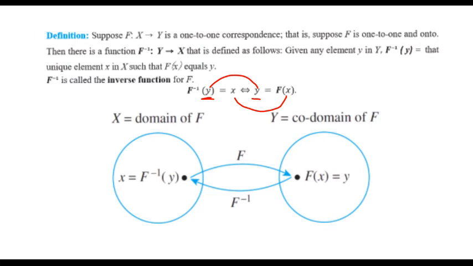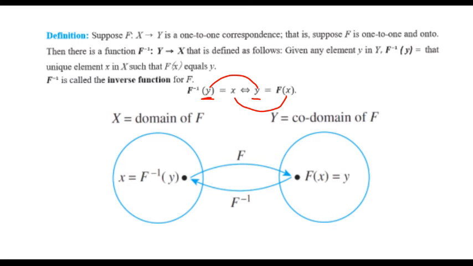So let's see this diagram that shows the concept of a function's inverse. Basically, the arrow to the right shows function f, and the arrows to the left show the inverse function of f.